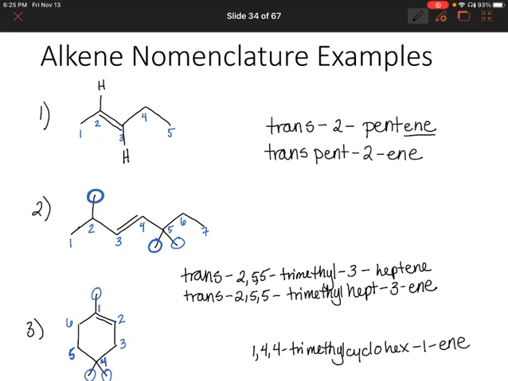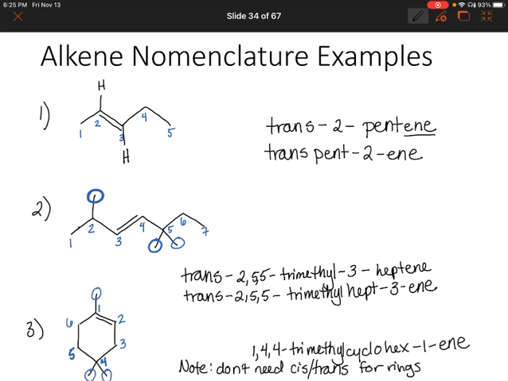And then for ring systems, we actually don't use cis or trans. So if you were struggling a little bit with how to assign that, don't worry. Let's add a little note. We don't need cis-trans for rings.